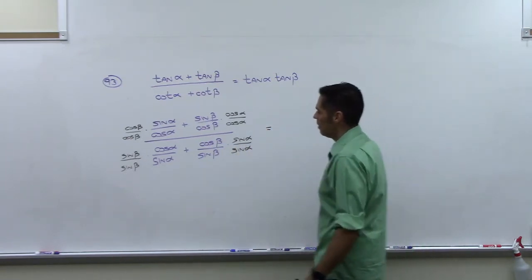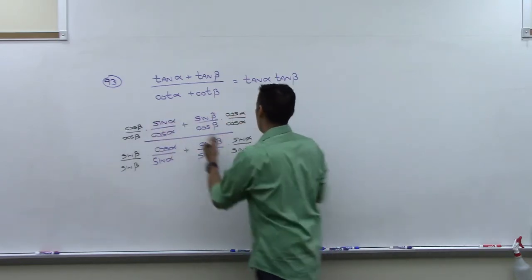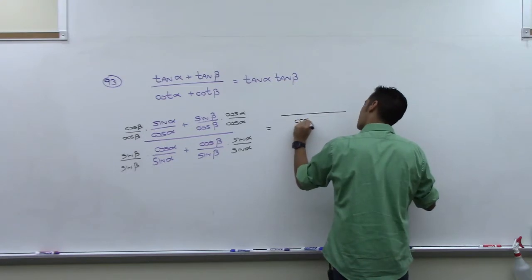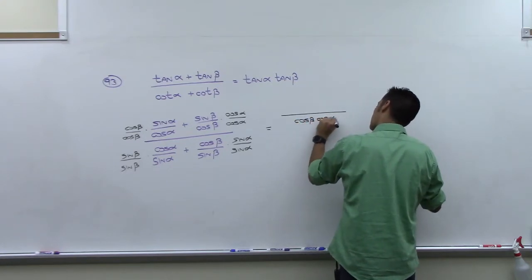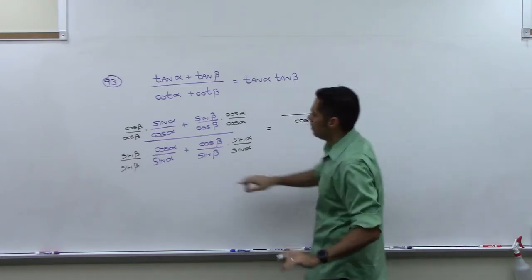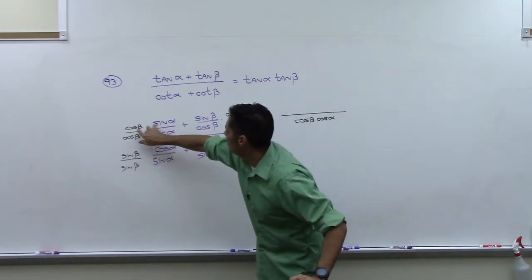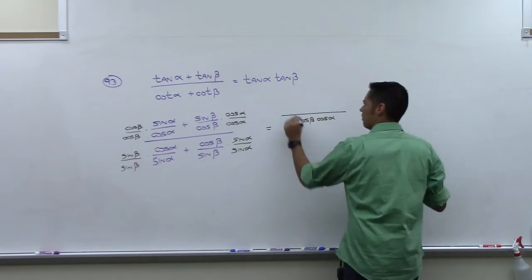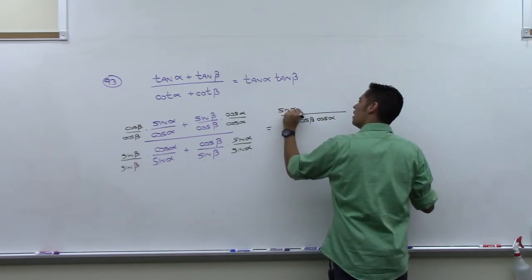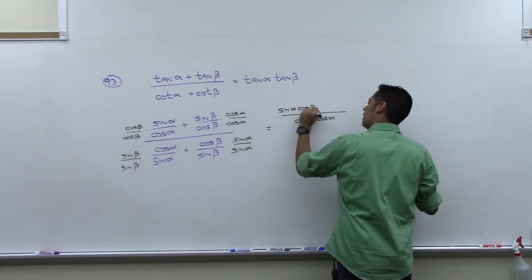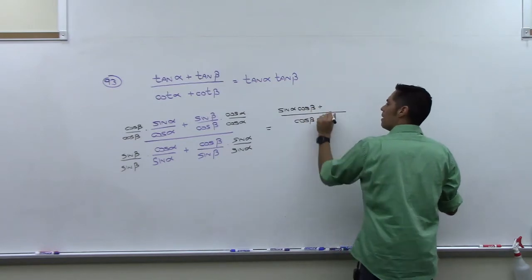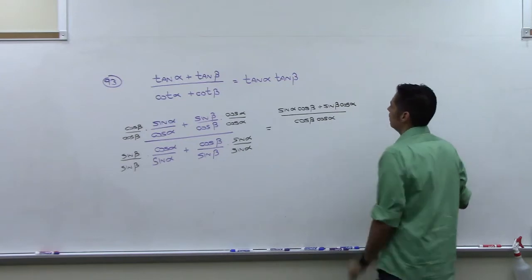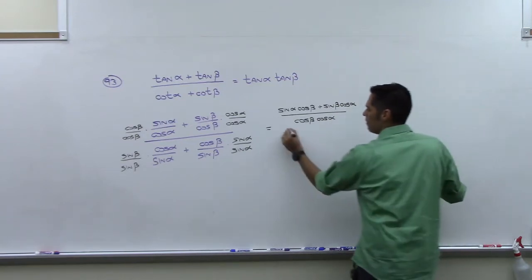All right. So when I put these two together, I know that the common denominator is going to be cosine beta, cosine alpha. Question is, what's on top? So I've got sine alpha cosine beta plus sine beta cosine alpha. Okay, that's my top of that one.